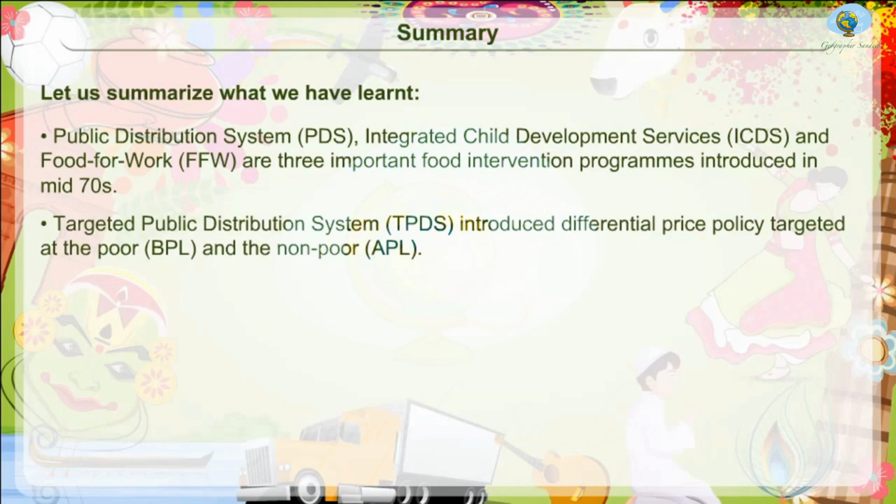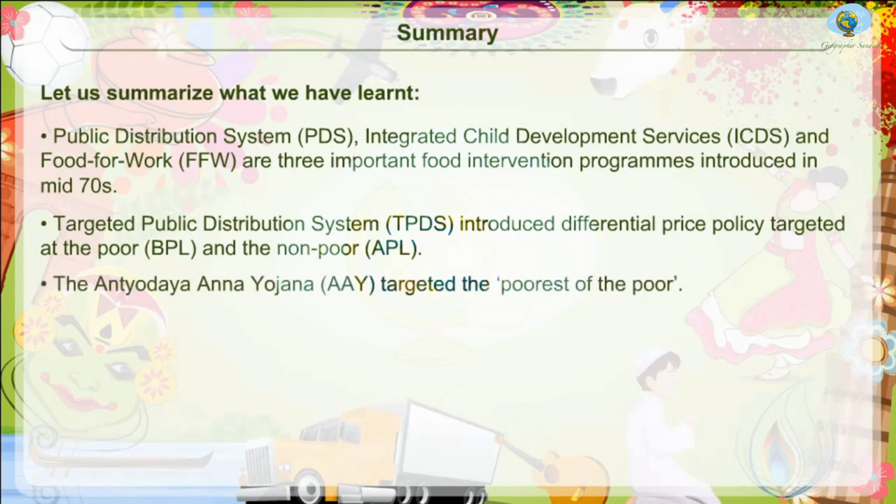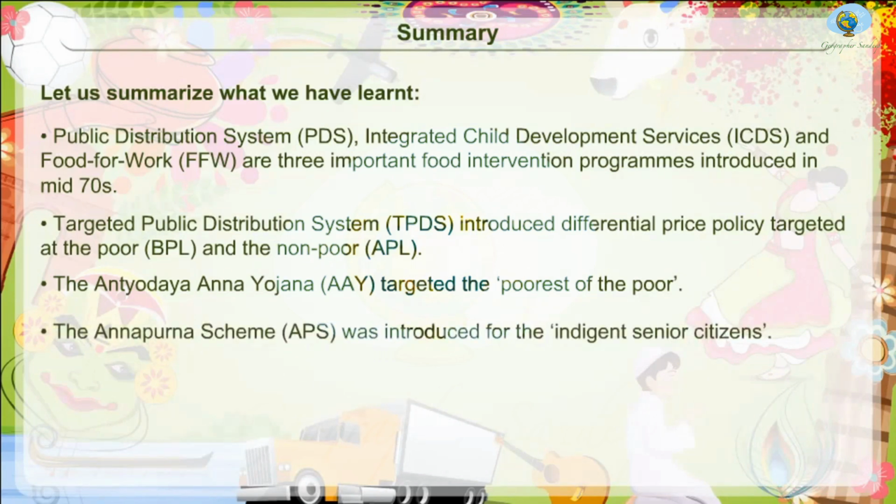Targeted Public Distribution System (TPDS) introduced a differential price policy targeted at the poor (BPL) and the non-poor (APL). The Antyodaya Anna Yojana (AAY) targeted the poorest of the poor. The Annapurna scheme (APS) was introduced for the indigent senior citizens.